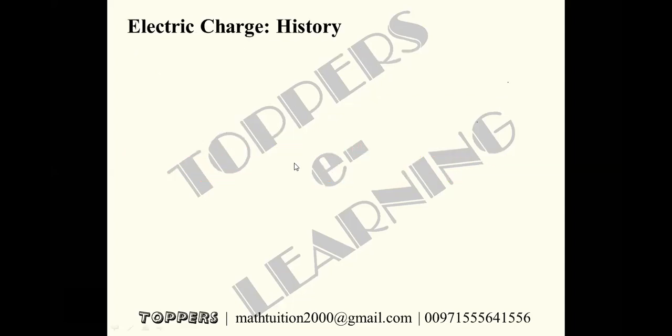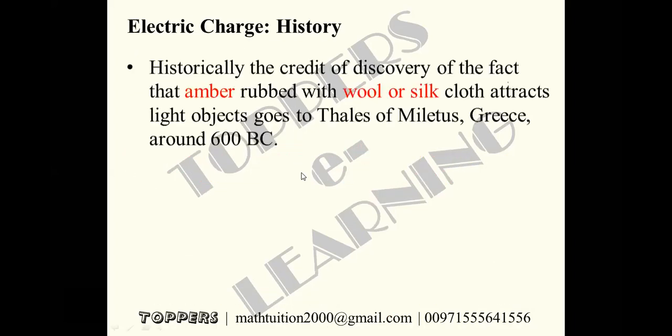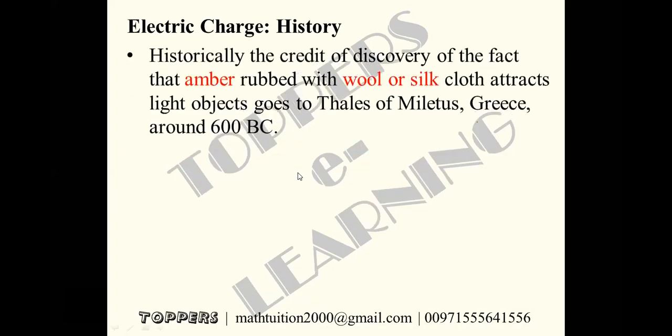In details we will learn this later. Electric charge, some history. Historically, the credit of discovery of the fact that amber rubbed with wool or silk cloth attracts light objects goes to Thales of Miletus, the Greek, around 600 BC. Amber is a kind of a resin.